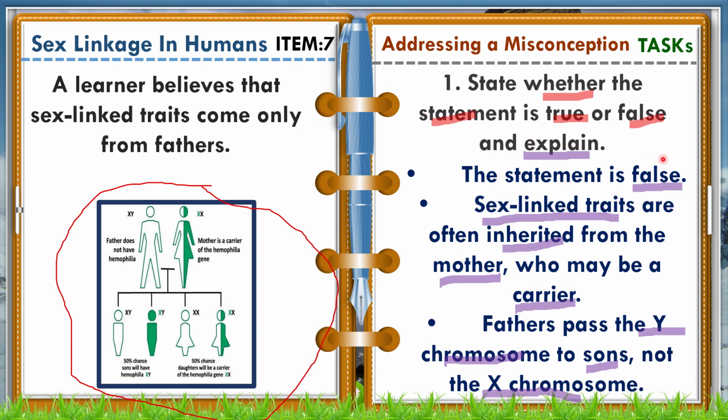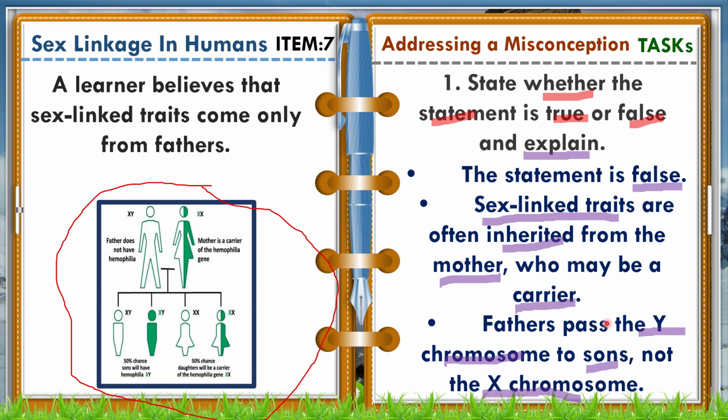Why? Because if it is a boy, the sex-linked trait is often inherited from the mother, who could be a carrier. For the boy, the X chromosome comes from the mother, and the sex-linked trait is on the X chromosome.